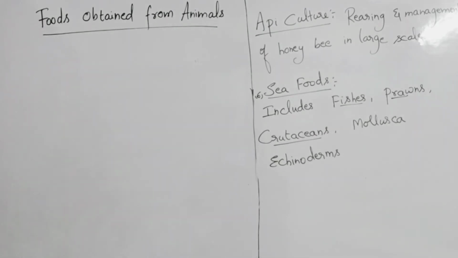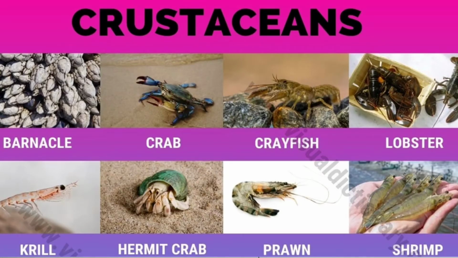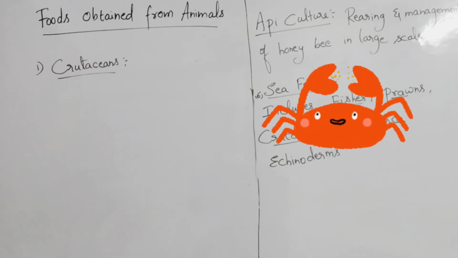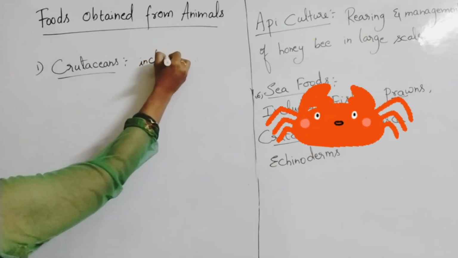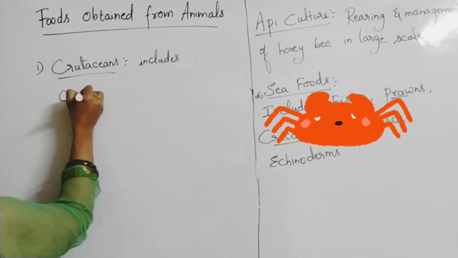If you go for crustaceans, what do they include? Crustaceans are a kind of sea animal, which includes crabs, people eat crabs.